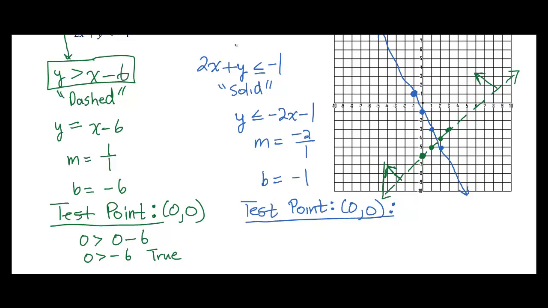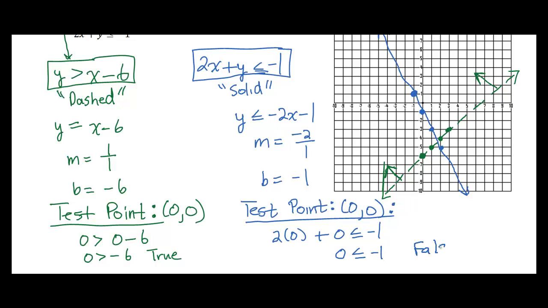And I'm going to put 0 in for x and 0 in for y into that inequality there. So I'll get 2 times 0 plus 0 is less than or equal to negative 1. Well, that's saying 0 is less than or equal to negative 1, which is false. And so instead of shading on the side with 0, 0, I'm going to have to shade on the opposite side, which is to the left.